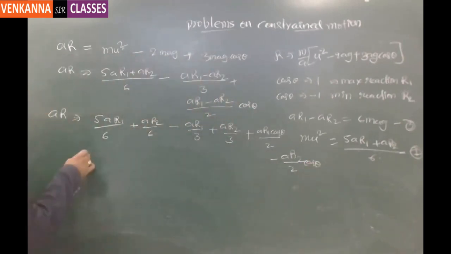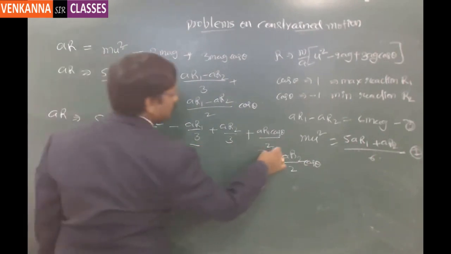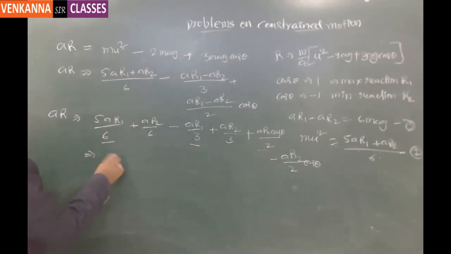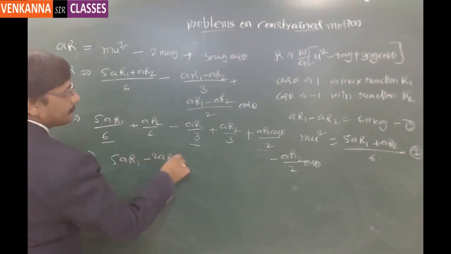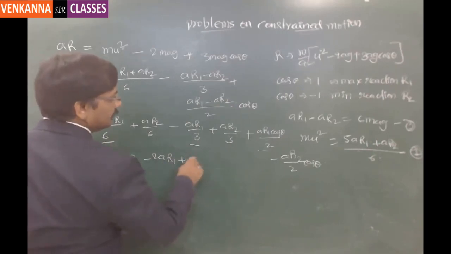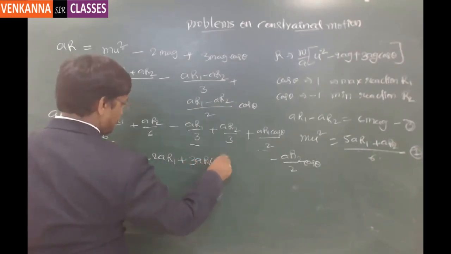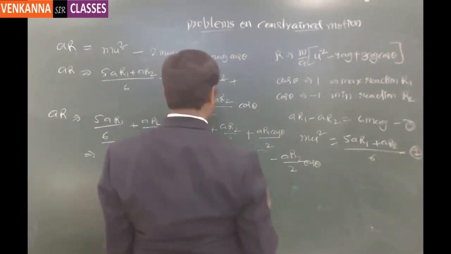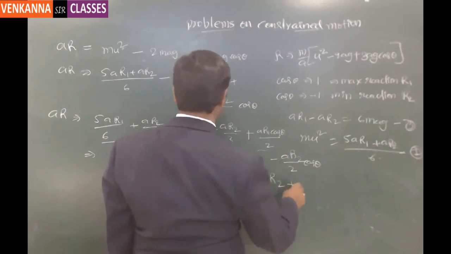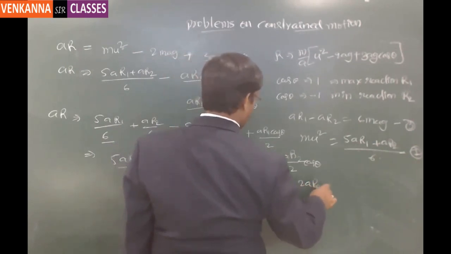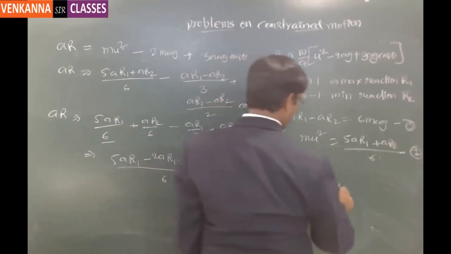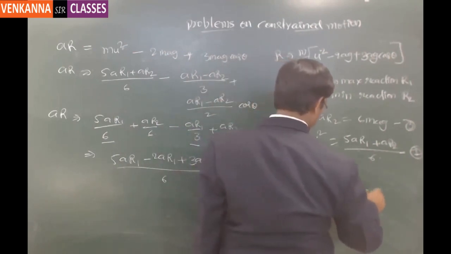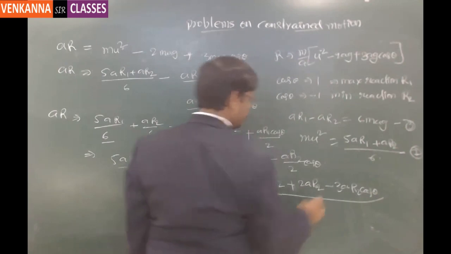If you write the R1 part separately, 5aR1 minus 2aR1 plus 3aR1 cos theta, whole divided by 6, plus the aR2 part, aR2 plus 2aR2 minus 3aR2 cos theta, whole divided by 6.